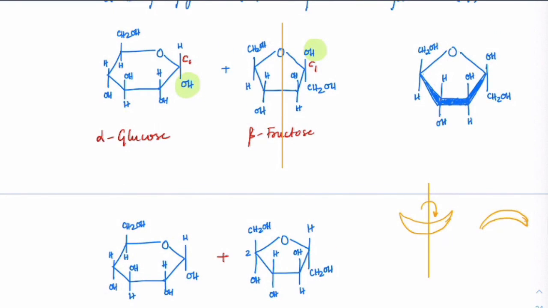Same thing here, this is like a plate. With respect to this plane, if I rotate it this way, what do I get? All the groups which were on the top will come vertically down, and everything which was vertically down will come onto the top, and this carbon 1 will come onto this side, and this carbon 4 will come onto this side.